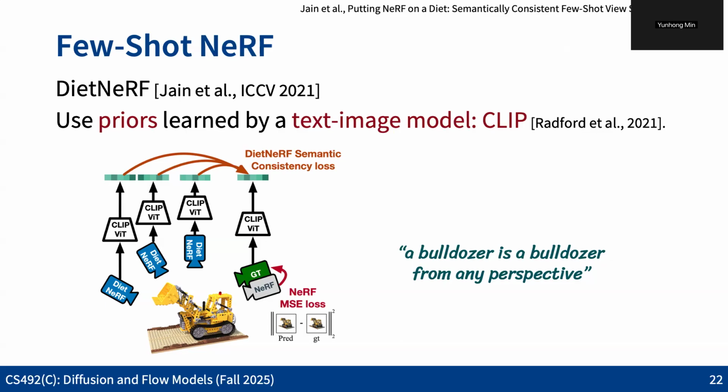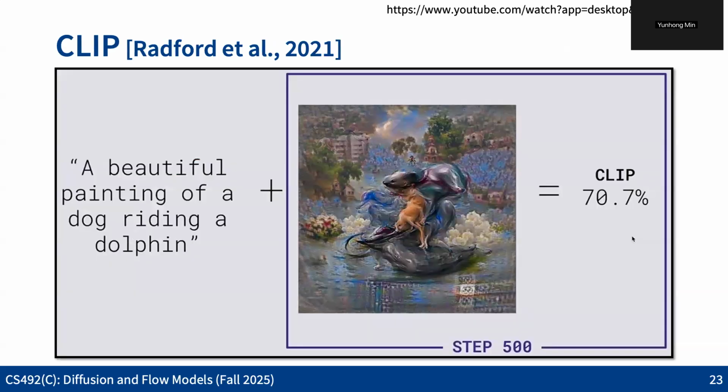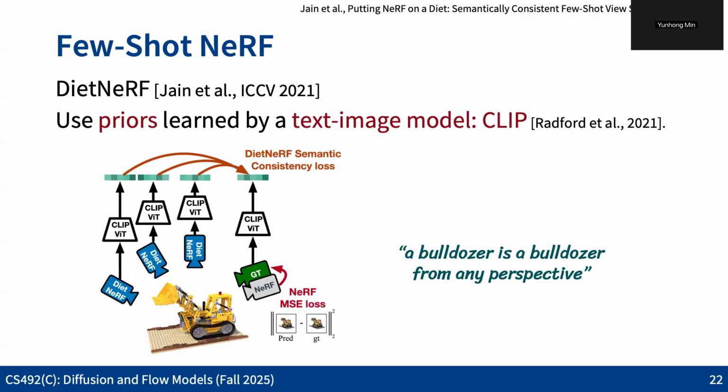So now we define the gradient not as the L2 loss between the 2 images, but as the gradient of the distance in the embedding space. That's a very practical idea, leveraging the prior knowledge of the pre-trained CLIP model to do few-shot reconstruction. Make sense? Just a very simple idea.